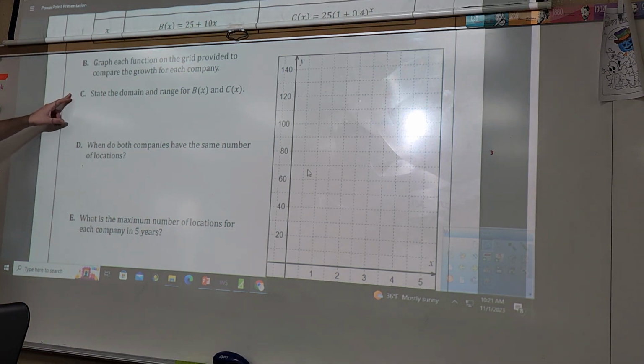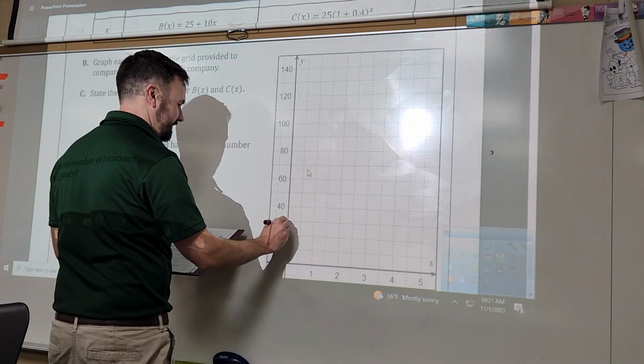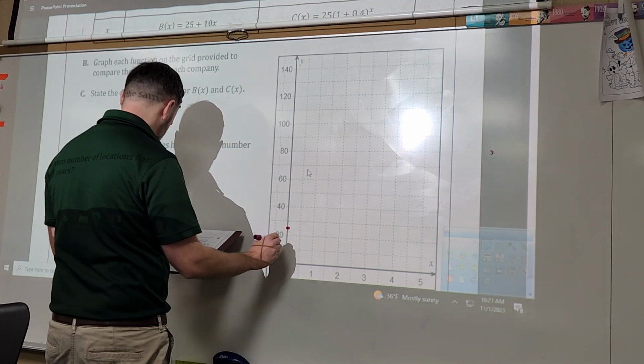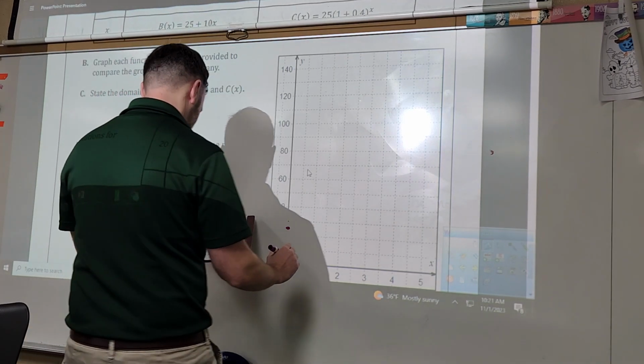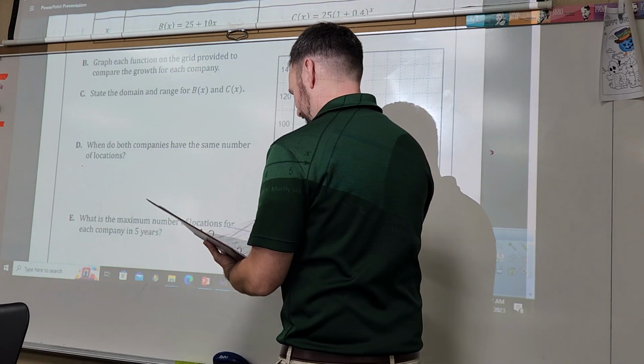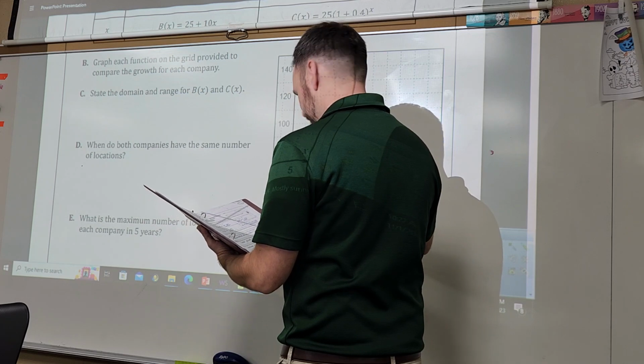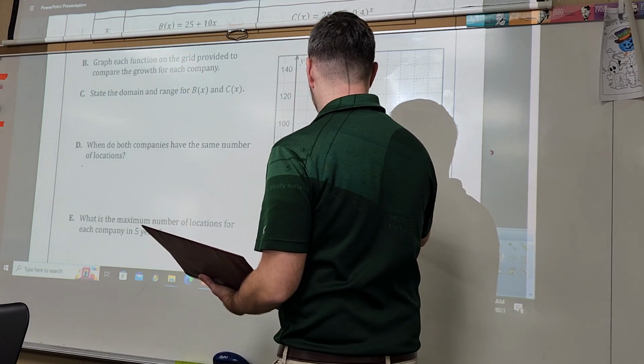All right, let's graph this beast. Oh man, this is a lot of dots. They both start at 25, right? I don't want to do this. 135, 2, 45.